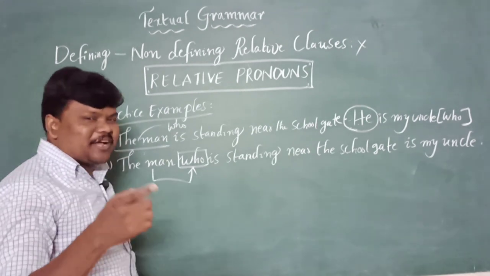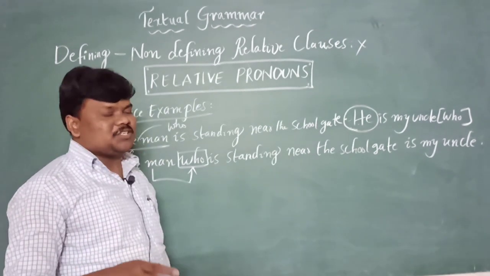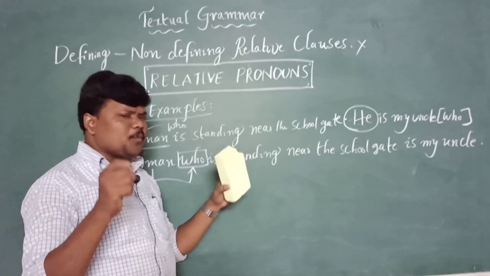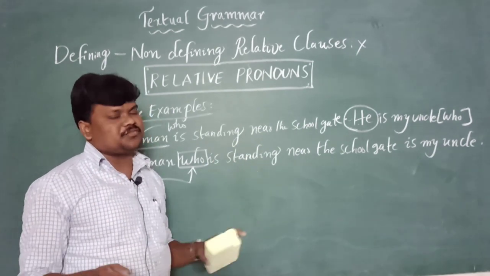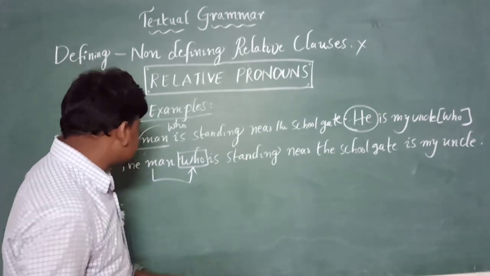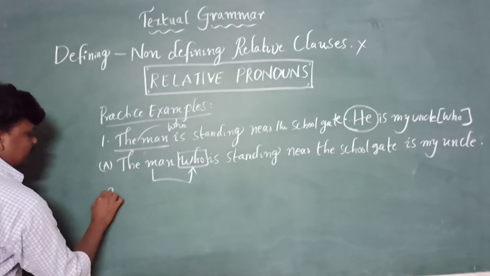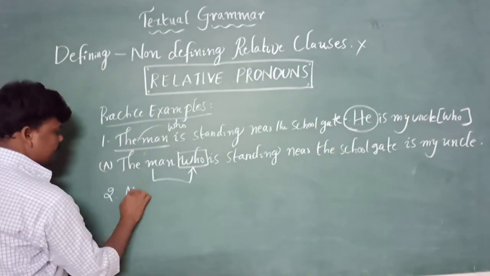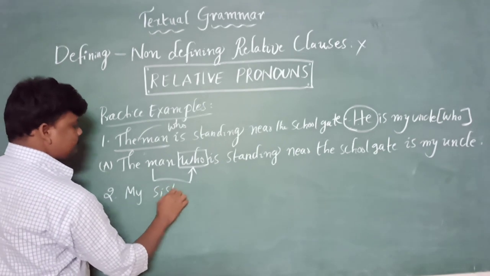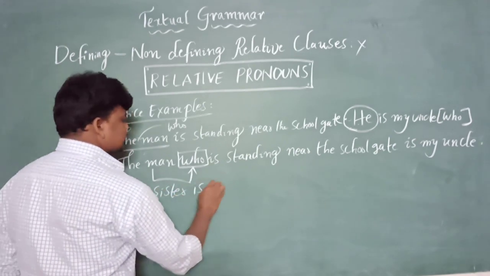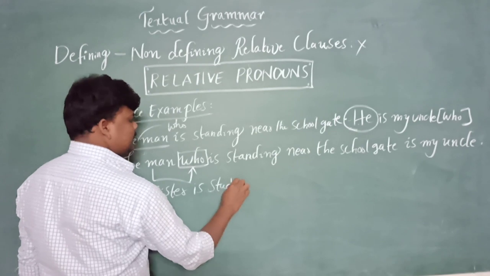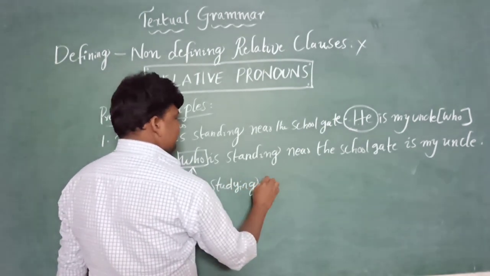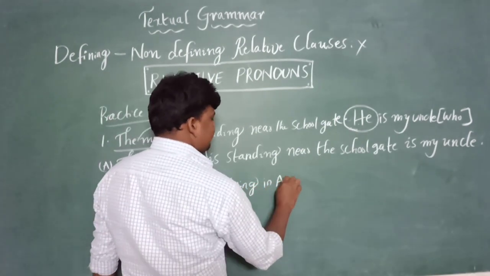Listen, my dears. Whenever you are learning grammar, you should concentrate mostly on the rules and instructions themselves, right? And look at the second one. My sister is studying in America.